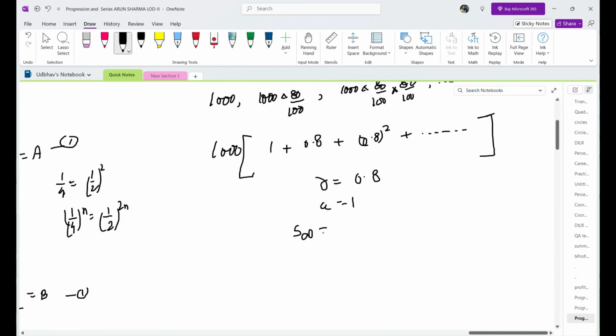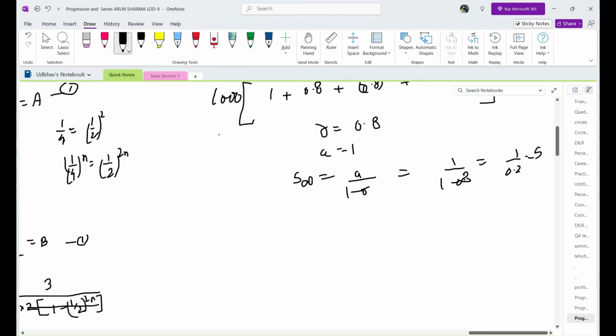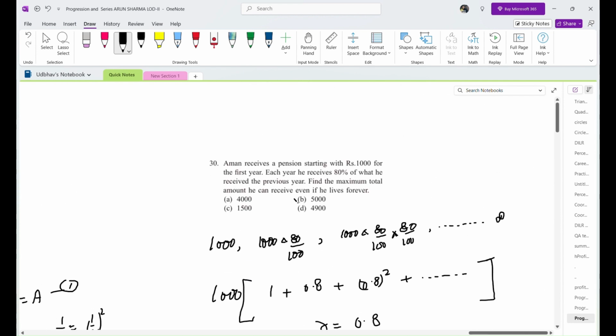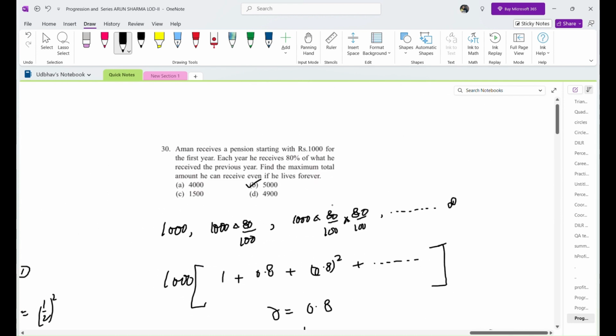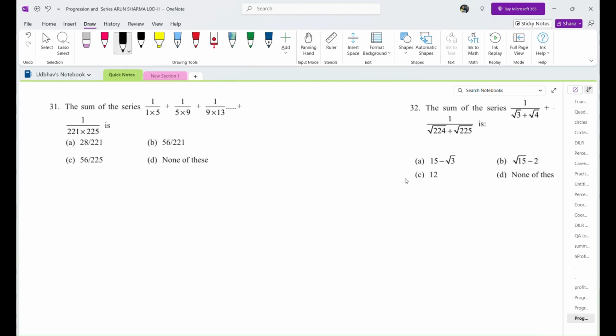Sum of infinity is a upon 1 minus r, 1 upon 1 minus 0.8, 1 upon 0.2, which is nothing but 5. So what will our sum be? 1000 into 5, 5000. Great.